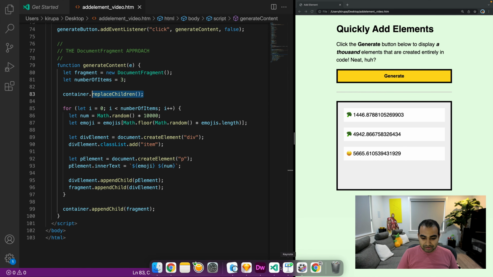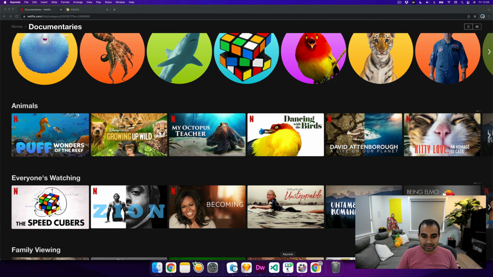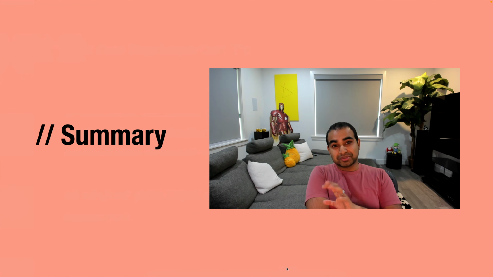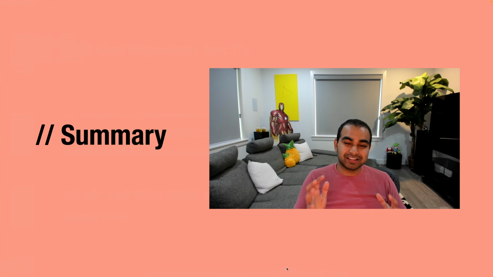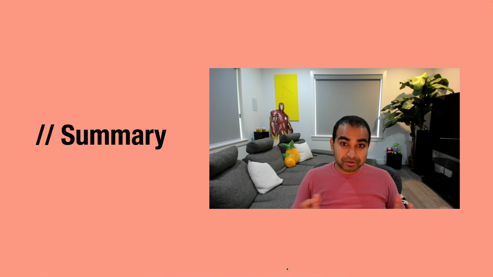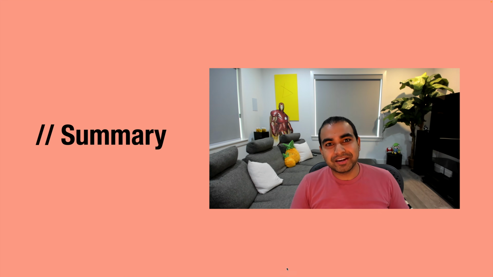And so with that, let's go back to our slides and start wrapping things up. So we looked at 2 approaches for being able to take some data and display it on screen: innerHTML and document fragment. Which approach you want to use depends entirely on what exactly you're trying to do.